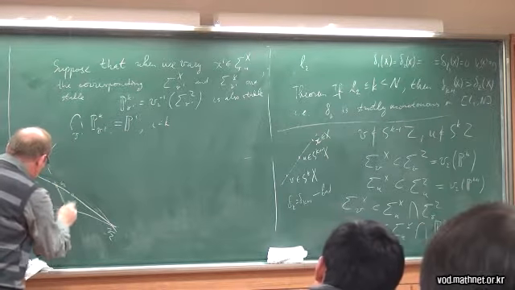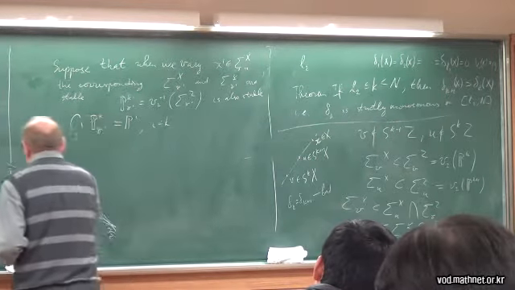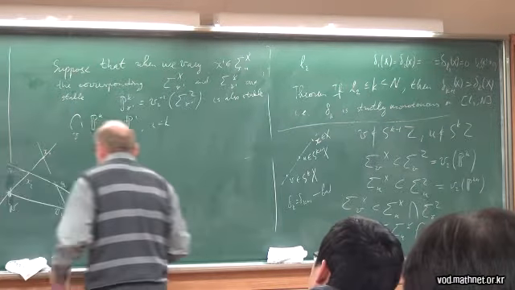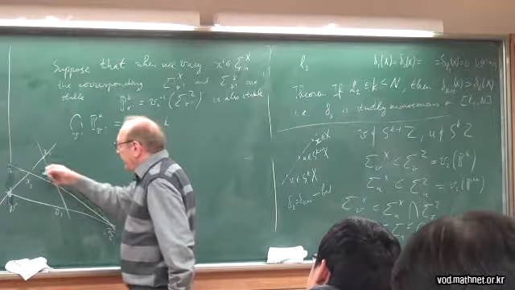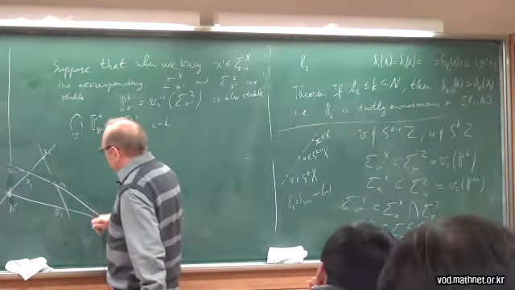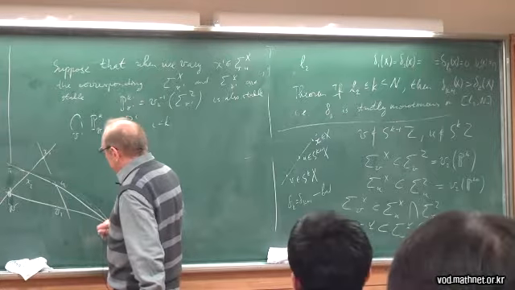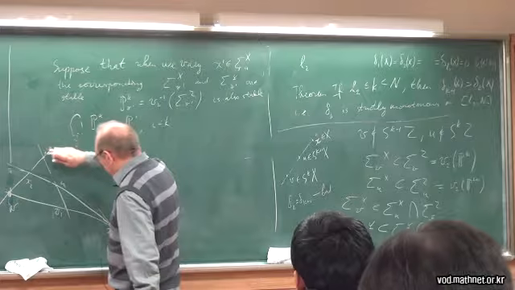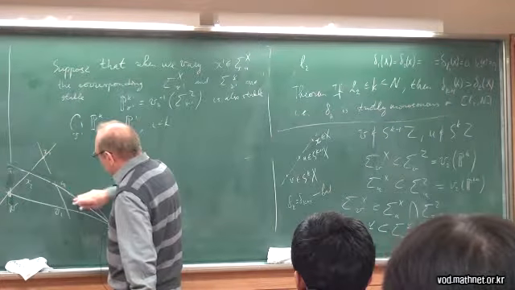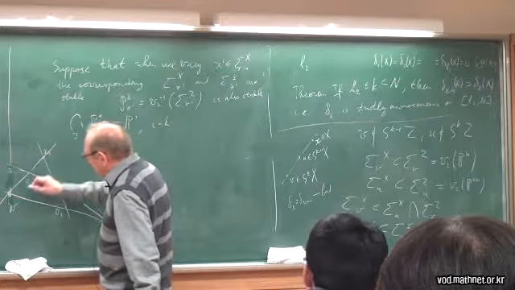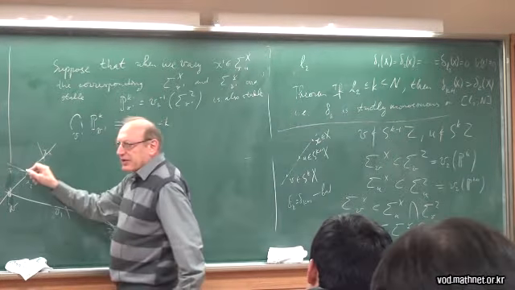So U is here, and we call this W. Now look, this W is contained in a secant line, x1, x2.